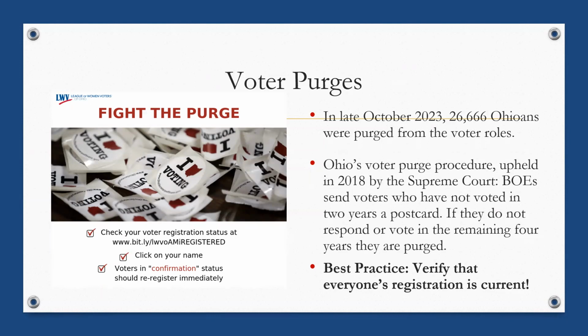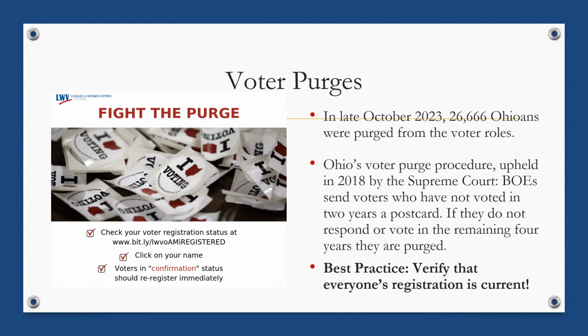And I just saw yesterday that Secretary of State Frank LaRose has ordered County Board of Elections to do an enhanced search through their voter rolls to take out voters who should not be on the rolls before the November elections.